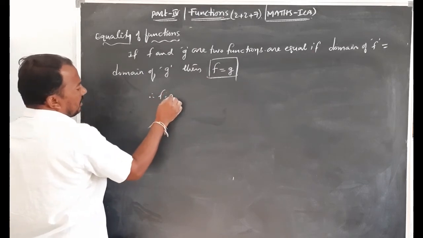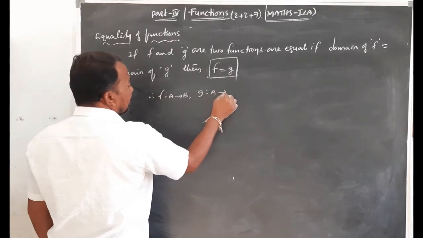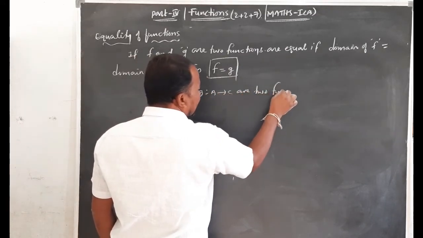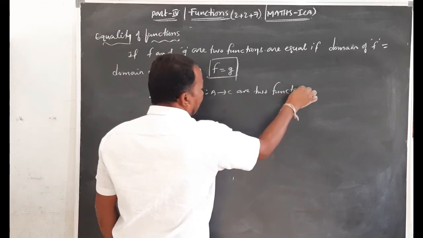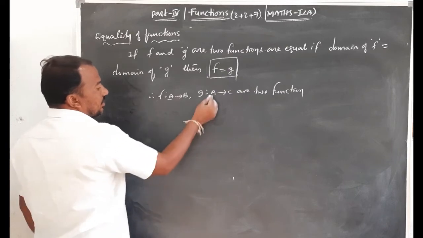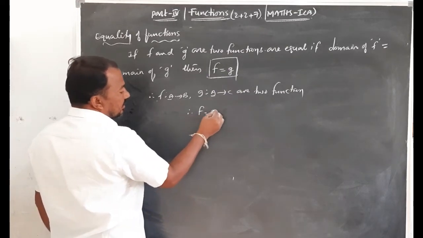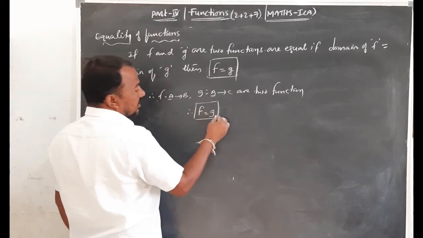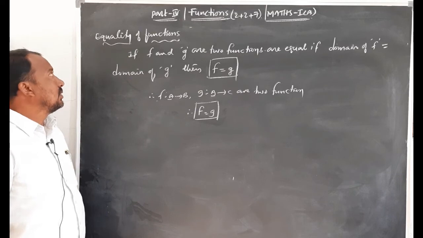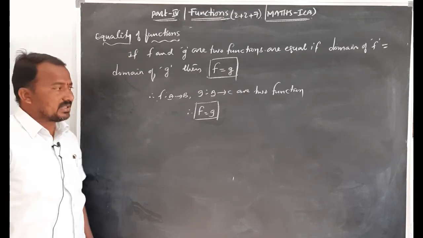Listen, f from A to B and g from A to C are two functions. The domain of f is A and the domain of g is A, so f equals g. If f and g have the same domain, it is called equality of functions.